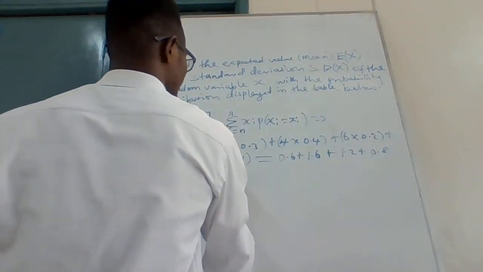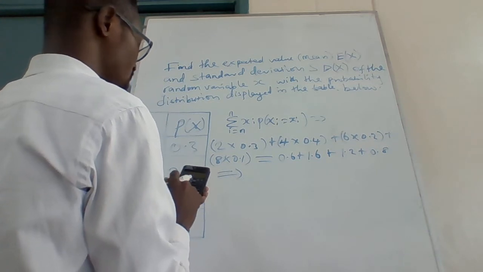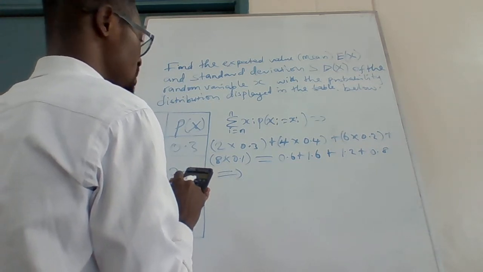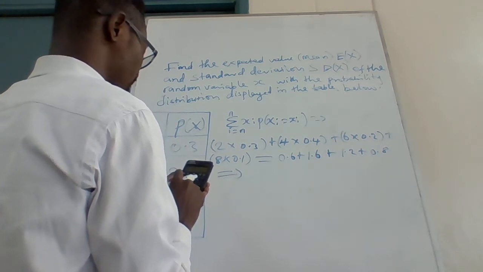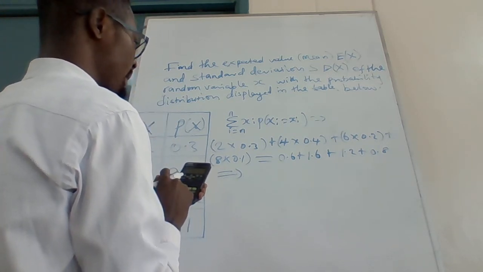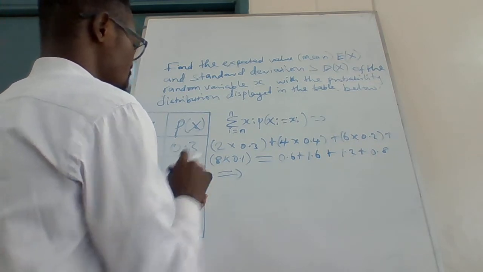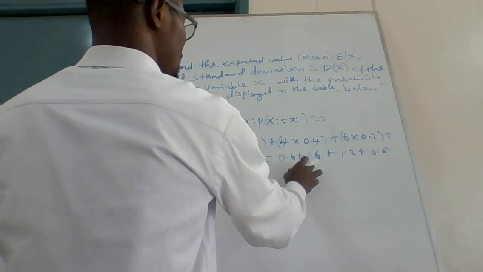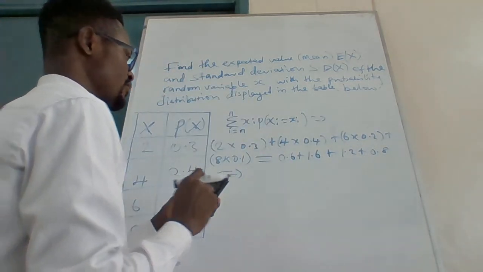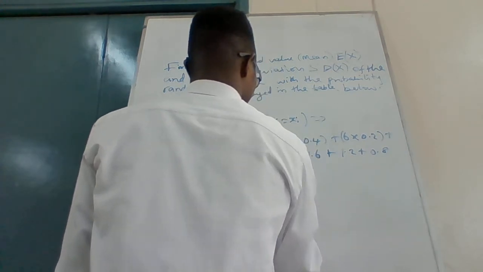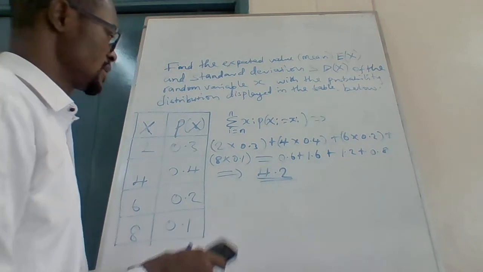So our expected mean therefore will be 0.6 plus 1.6 plus 1.2 plus 0.8. 0.6, 1.6, 1.2, and 0.8. That is 4.2. So this is our expected mean.